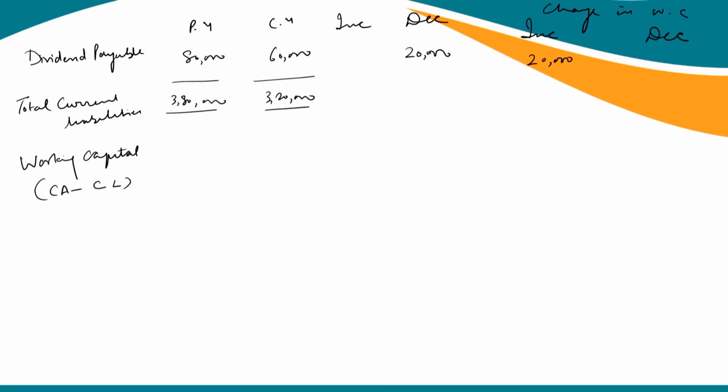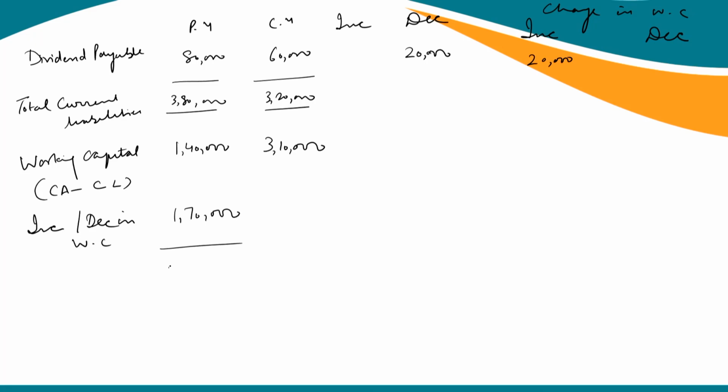So we have the working capital of 1,40,000. Similarly, in the current year the assets are 6,30,000 and the liabilities are 3,20,000. So the difference of the two is 3,10,000. Now we calculate the increase or decrease in working capital. As we can see from the previous year 2021, there is an increase in the working capital with the amount of rupees 1,70,000.